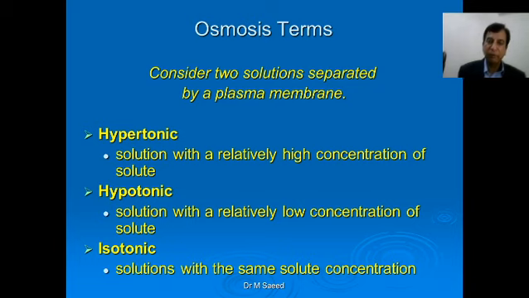And if you move from the other direction, 0.9% sodium chloride solution is hypotonic as compared to the solution in the second chamber having 1.9%, and the second chamber is hypotonic as compared to the third chamber, which has the higher sodium chloride concentration. So these are all relative terms, whether isotonic, hypotonic or hypertonic solutions.